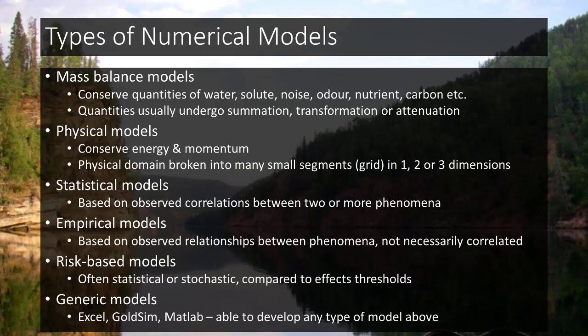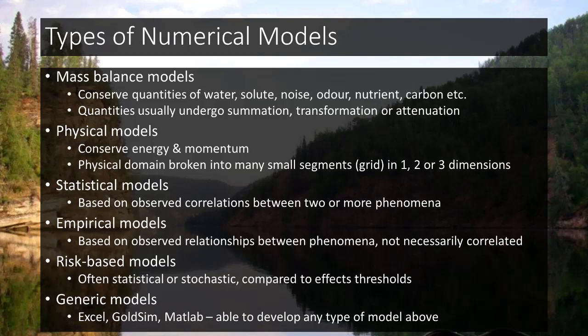We want to track the mass or concentration of everything going up the stack, and we want to trace it through the atmosphere until it lands on Earth or until it's completely dissipated into the atmosphere. And that's essentially a mass balance with some dispersion equations.